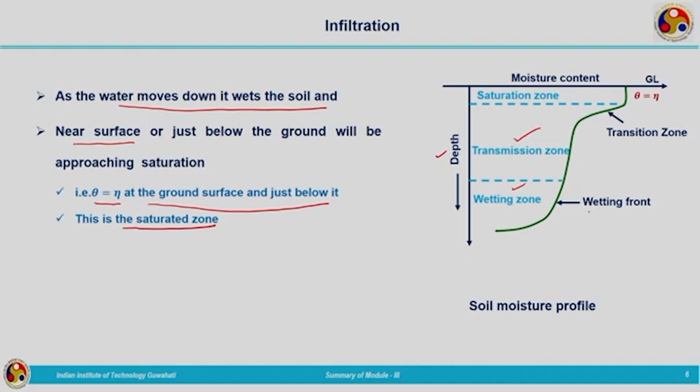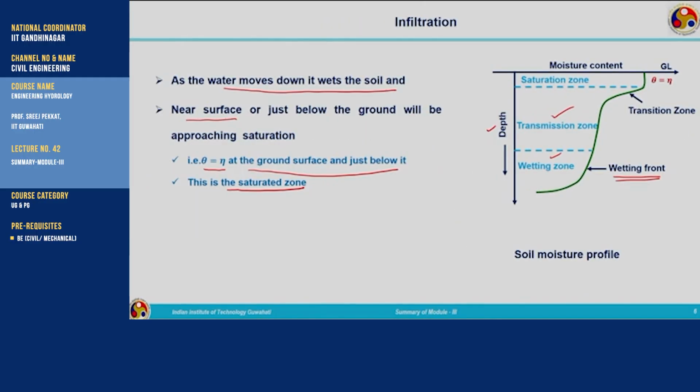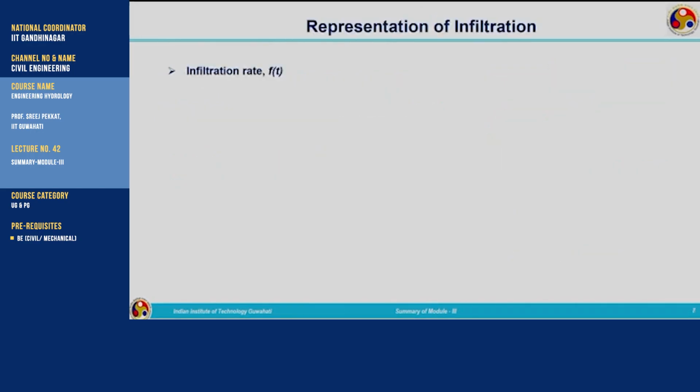We also saw an important term, the wetting front, the clear boundary separating the two regions before wetting and after wetting. At the wetting front there is a sharp boundary with a large variation of soil moisture.